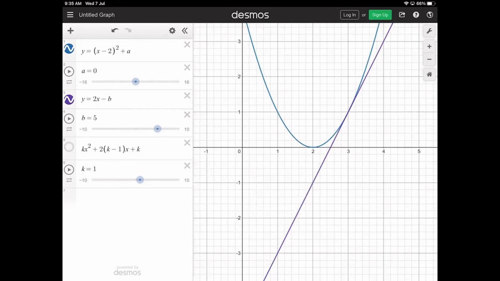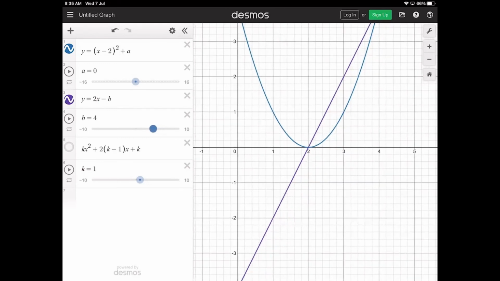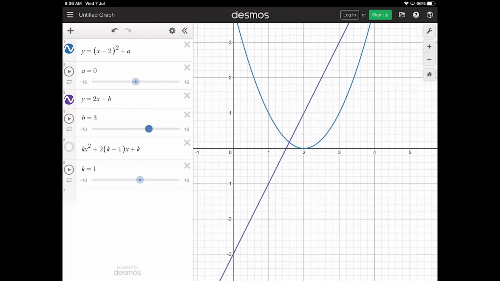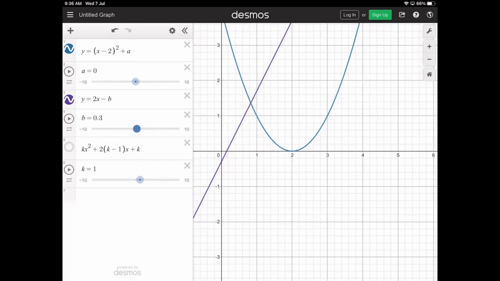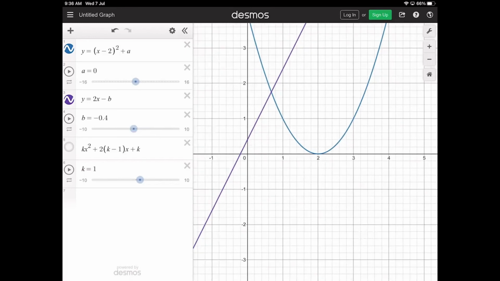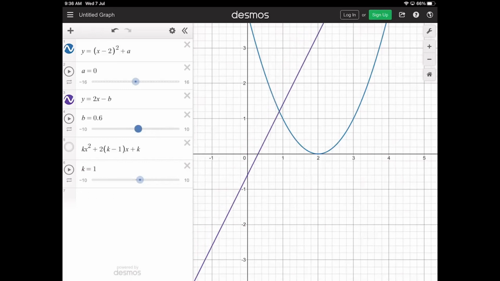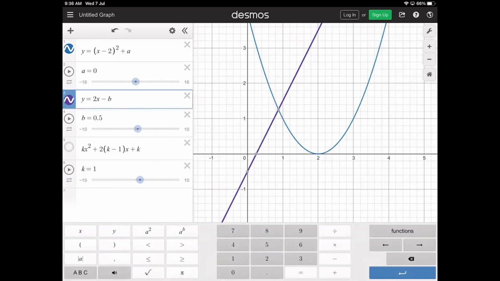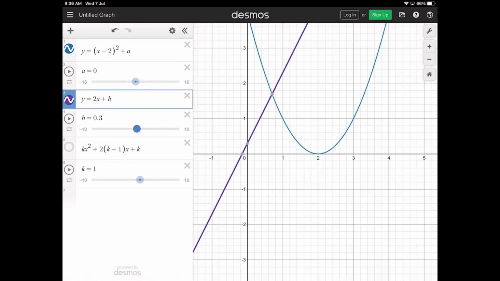If I move the line down, oh, sorry, you can see that we've gone from having no points of intersection to having, I'm making this confusing by having this as a, sorry, this is supposed to be a plus b. There we go, this will work better now, okay?